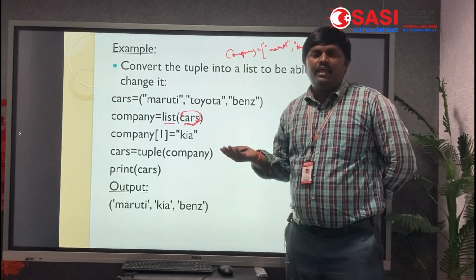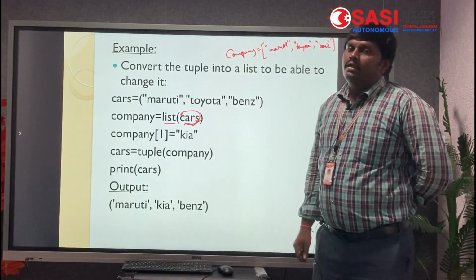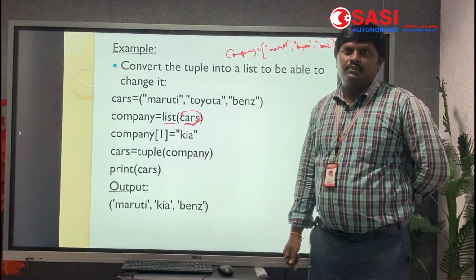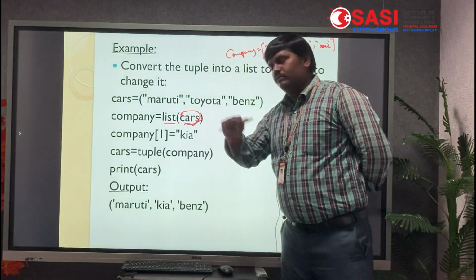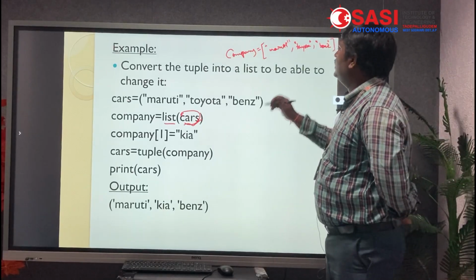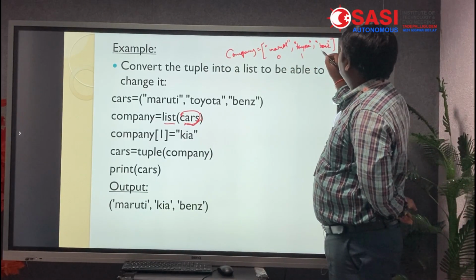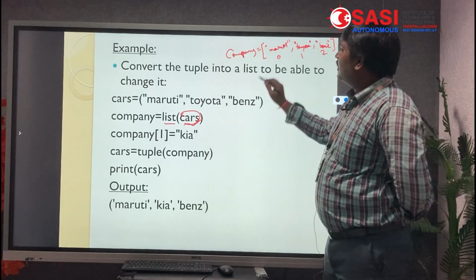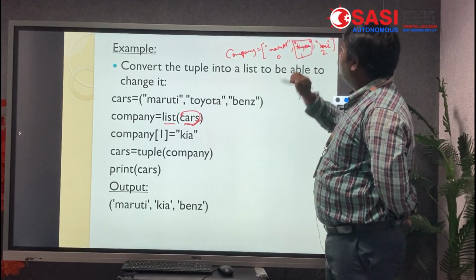We can apply any changes in the list. Why? Because list items are changeable. Here company of 1 means index values 0, 1, 2. Company of 1 represents the value Toyota.